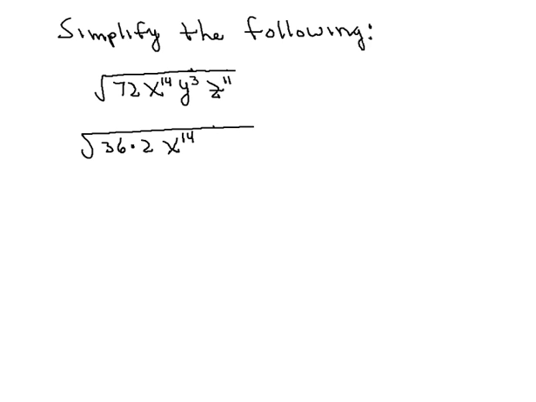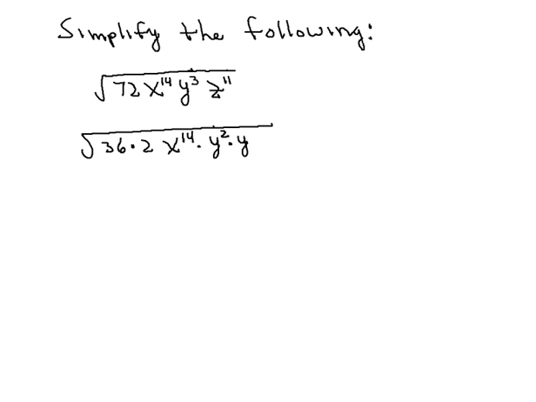And the y to the third is not in simple form because the power in y is larger than the index 2. So we want to rewrite that so that we have a perfect square power, and I think you'll agree we can rewrite this as y squared times y.